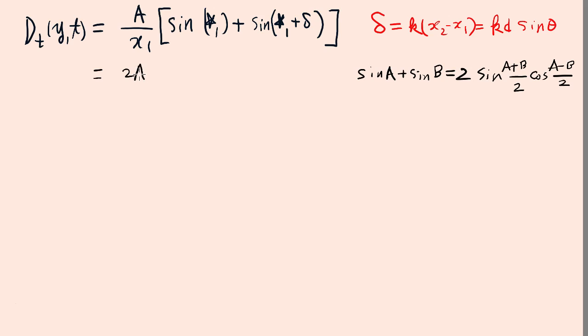Here 2a over x1, and if you add these two arguments and divide by 2, what you get is kx1 plus delta over 2. And then what you get is cosine of this minus that divided by 2, so that's negative delta over 2. But since cosine is an even function, we can neglect the sign inside cosine, and so this is what we get.